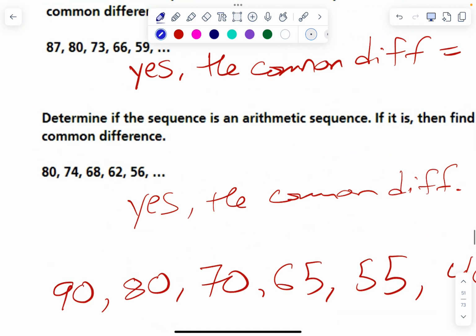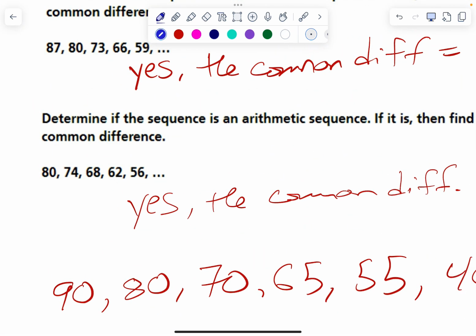Okay, how about this one? How do we generate the fifth term in the sequence? So our recursive formula, we start with, what is our first term? 80, but how do we get the fifth term based on this little description we wrote?